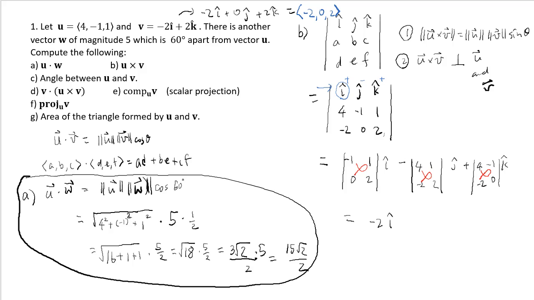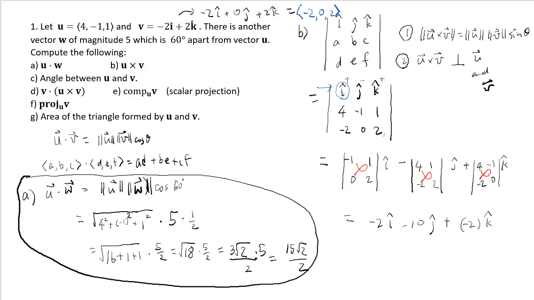And you put a minus in front. It's negative 10j. This is 0. This is 2. 0 minus 2 is negative 2. And that's it. That's the cross product of the two.